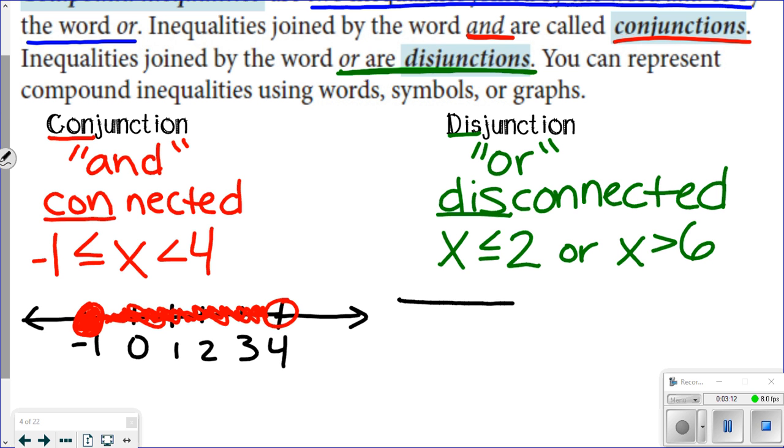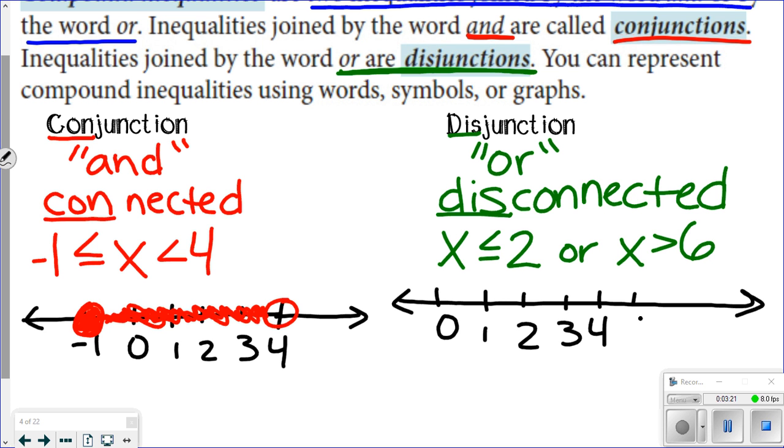So if I draw my number line, again, I'm going to have two circles here. Because I have two numbers, I have two inequality signs. So we're going to put one circle at 2, and we're going to close it or fill it in. And I need all x values, all numbers less than or equal to that, so we're shading to the left.